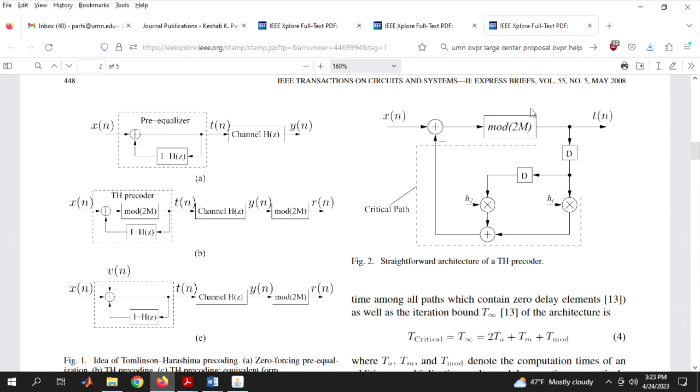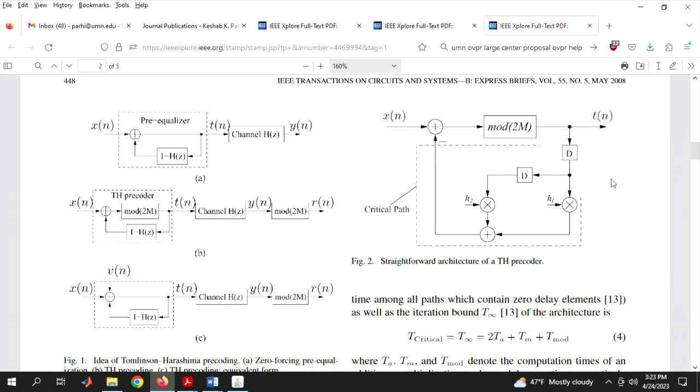Okay, so the non-linearity here is a modulo device, modulo 2m. Again, there is a parameter m. So how can we achieve parallelism and increase the clock speed or the sample speed of these devices?